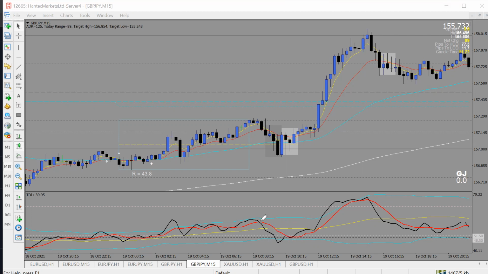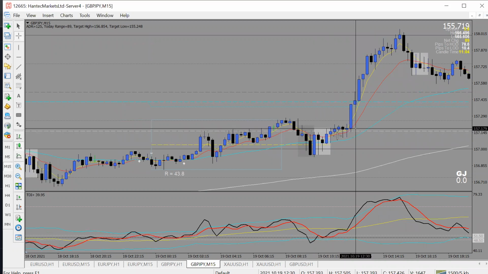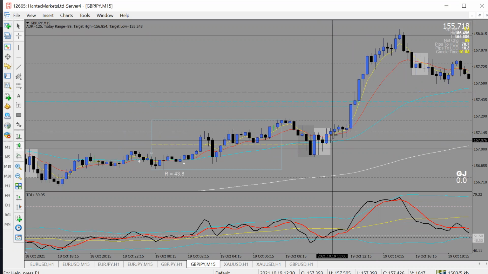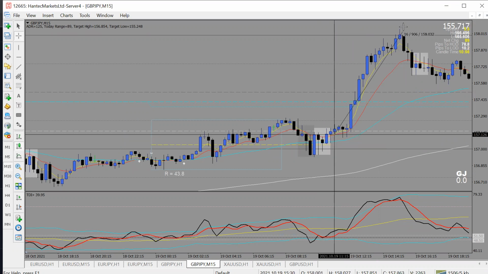This RSI that used to be under the signal line changed here and started being up the signal line. So did you see how you would have eaten not less than from here? You would have taken about 94 pips on M15.